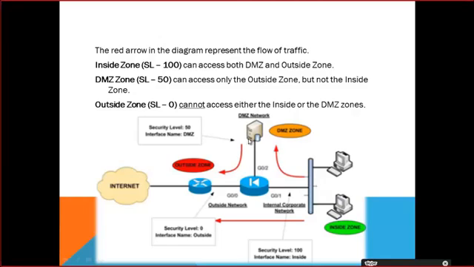Outside cannot talk to anyone. It cannot talk to DMZ or to inside. So this is how security level helps the traffic flow to be prevented from the unauthorized side.